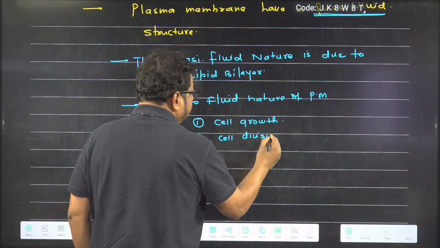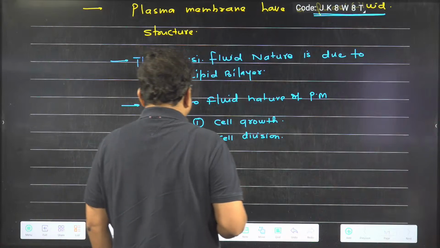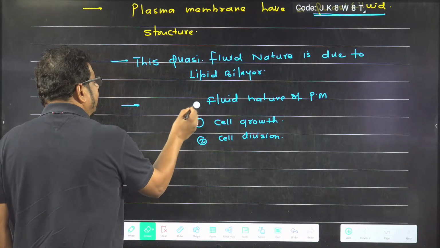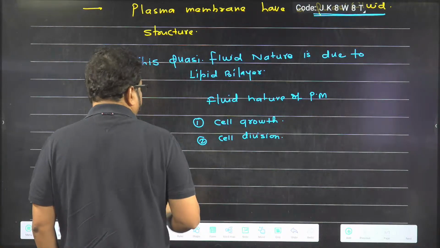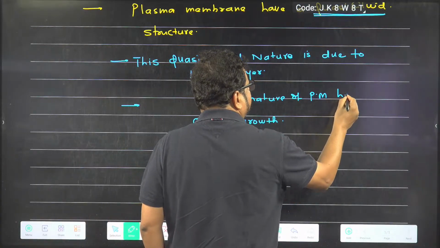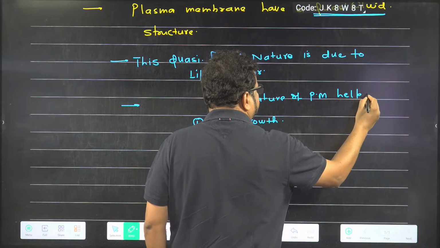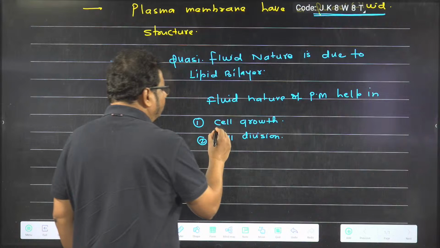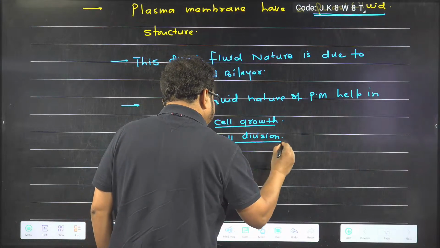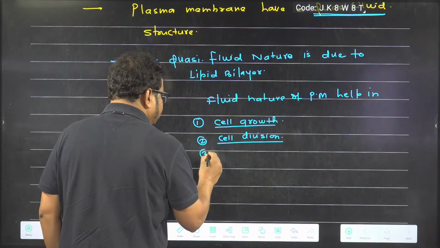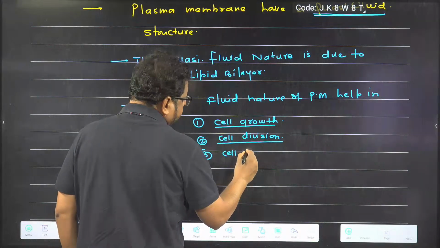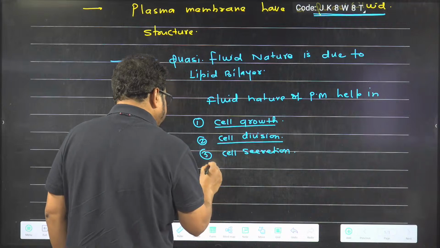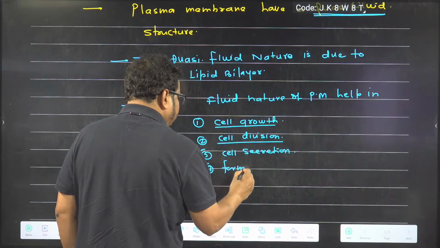So the fluid nature of the plasma membrane helps in cell growth, cell division, third function cell secretion, fourth function formation of intercellular junction.